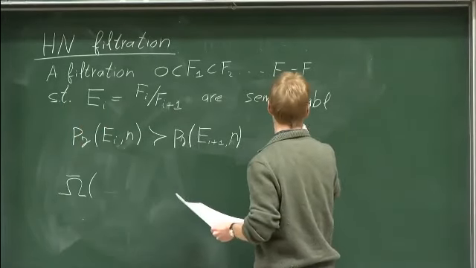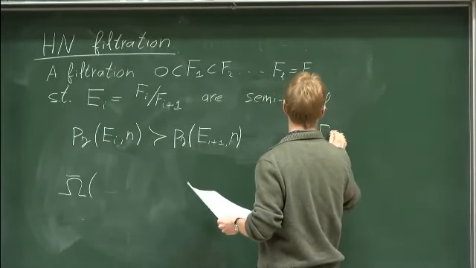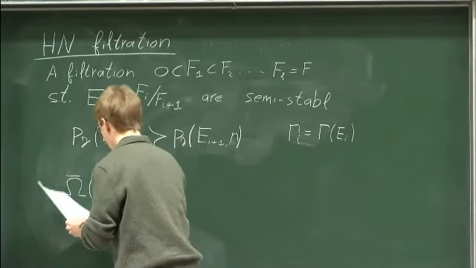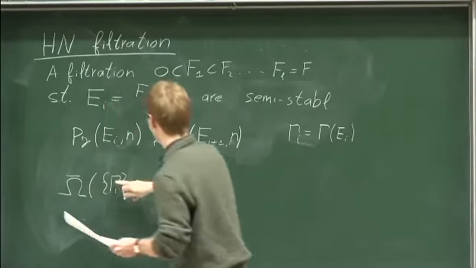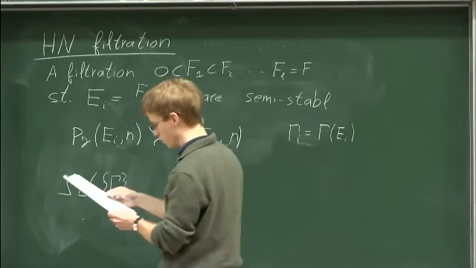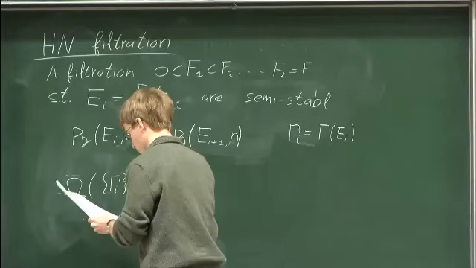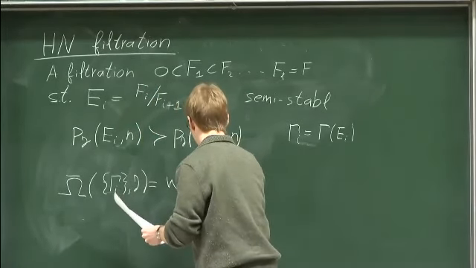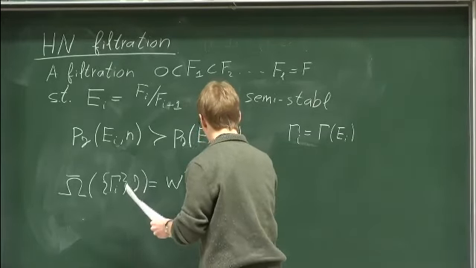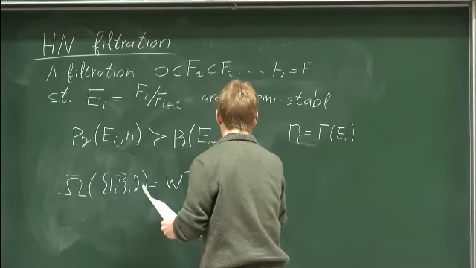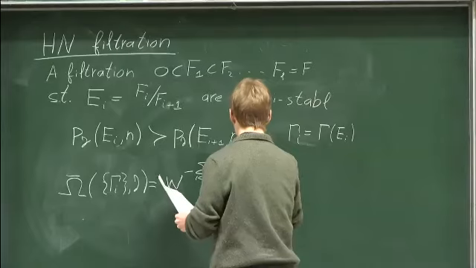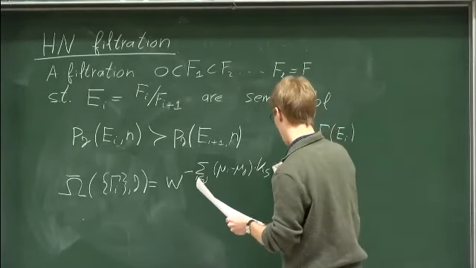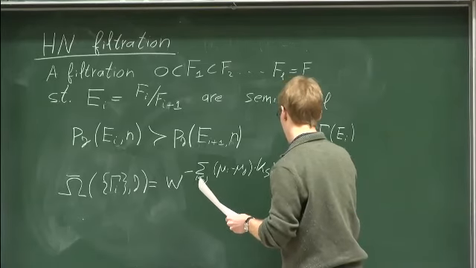So I let gamma i be the charge vector of Ei, and for such a filtration where all the quotients have this charge gamma i, I get some power of W, with a sum over i smaller than j of mu i minus mu j dot the canonical class, which I gave a while ago, times ri rj.